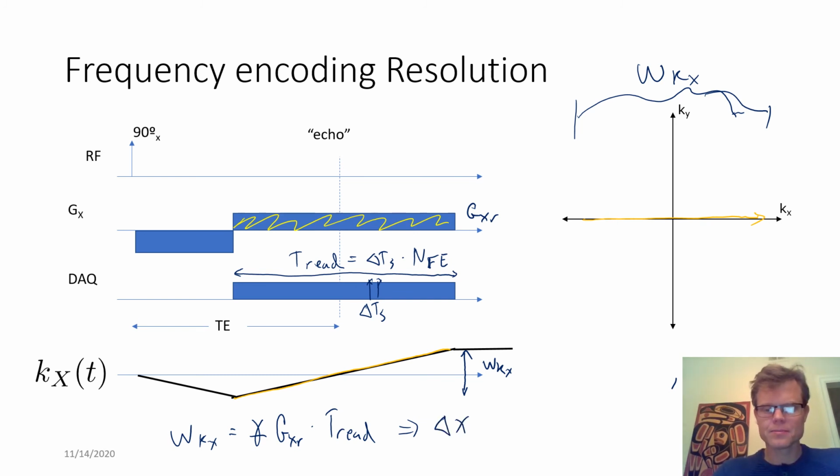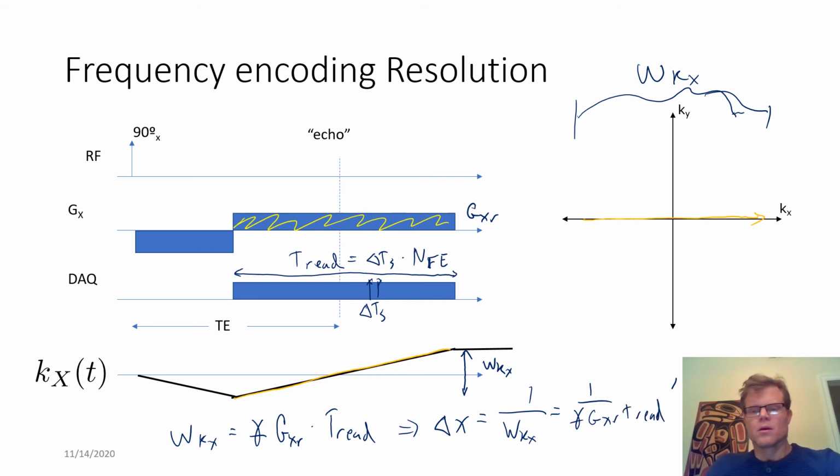in x is going to be 1 over the total width in x, which is just 1 over this gradient area.